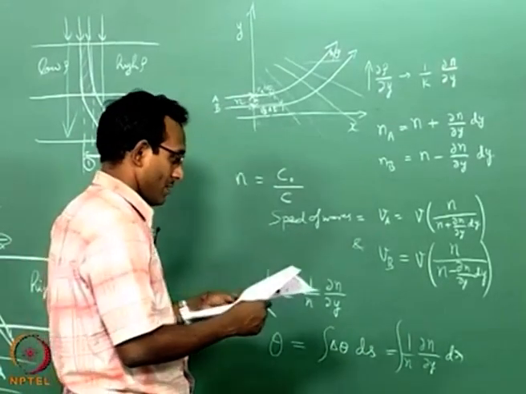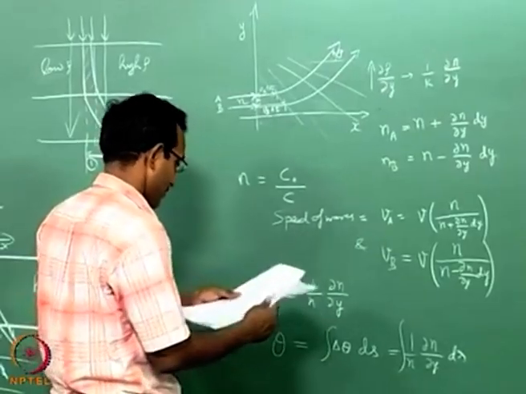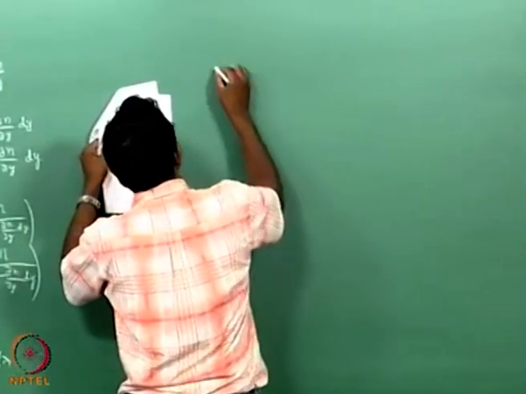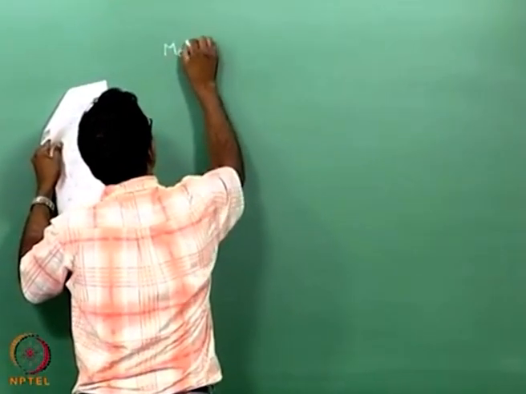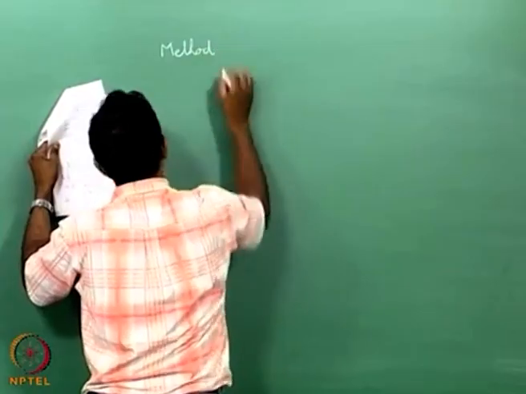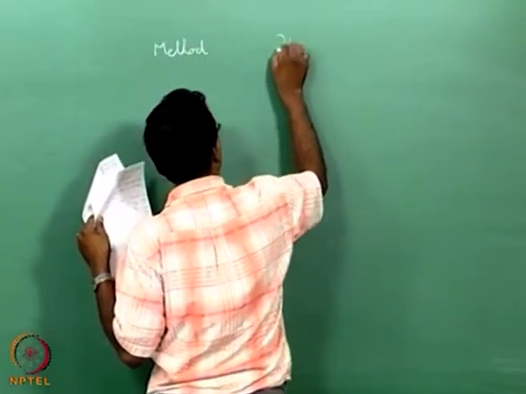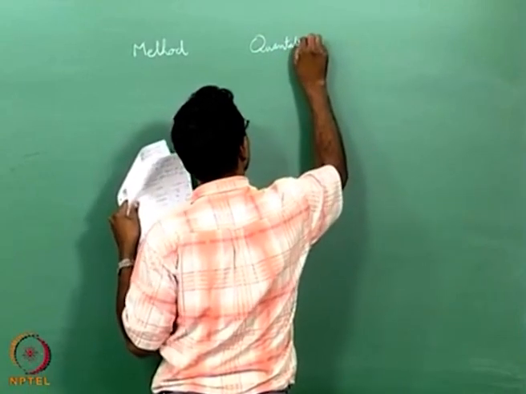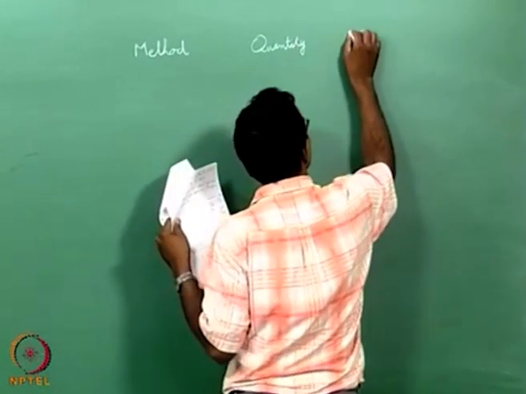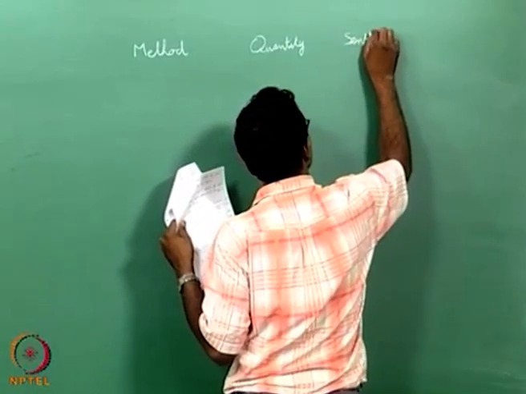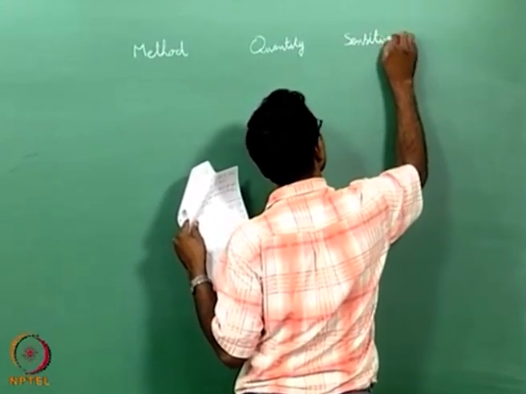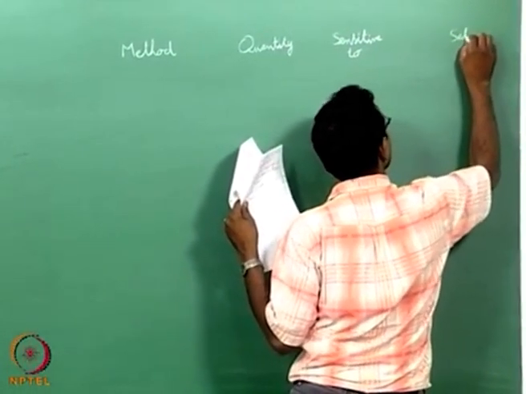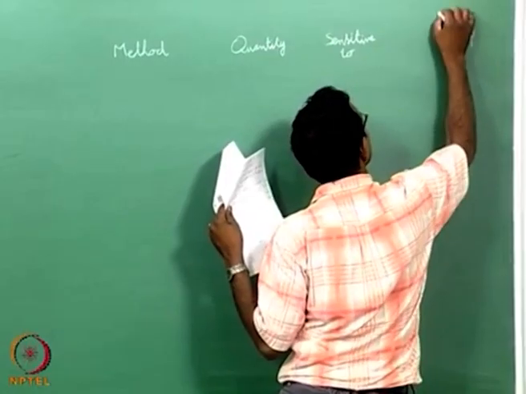Now I will tell you some extra information. I will just give you a table where I will say the type of method used, what quantity you are tracking, sensitive to what, and ease of setup.